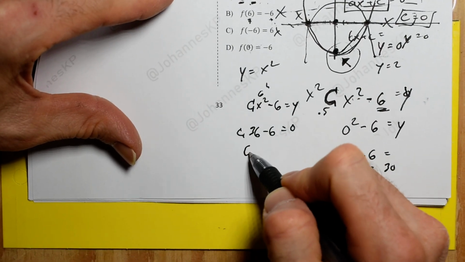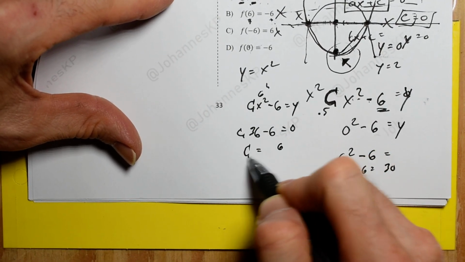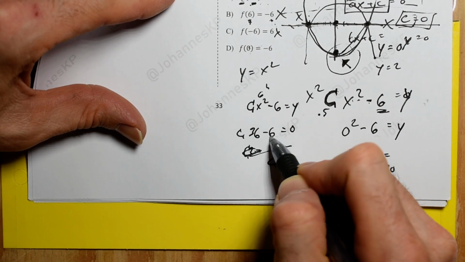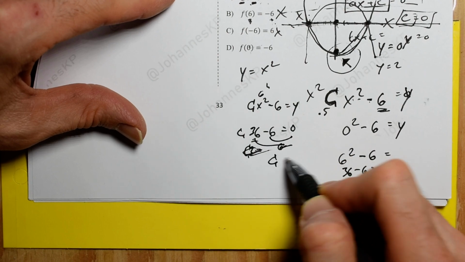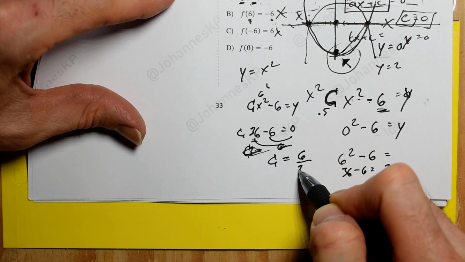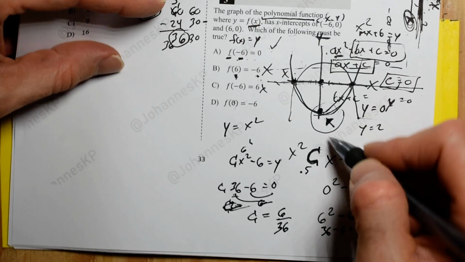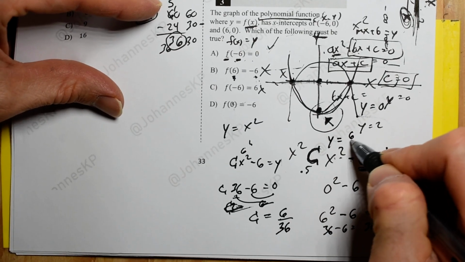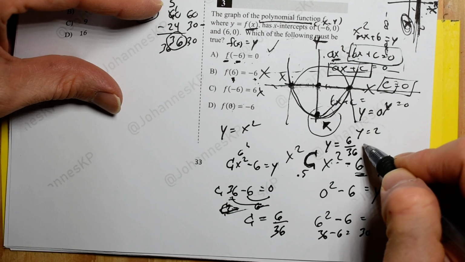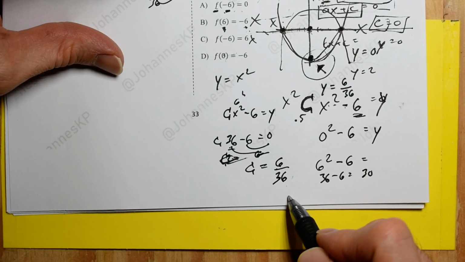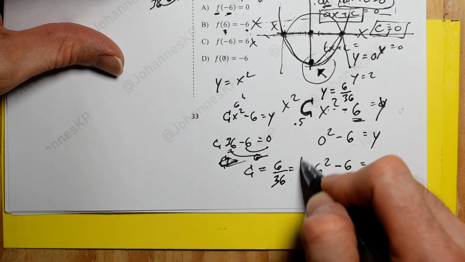Okay, so perfect. Then we got c is equal to 6. I think you can just do it in one swoop. Bring the 6 over here and then divide by 36. So you have 6 over 36. So the only way this could be an x squared is if the constant is 6 over 36, and 6 over 36 is just 1/6.